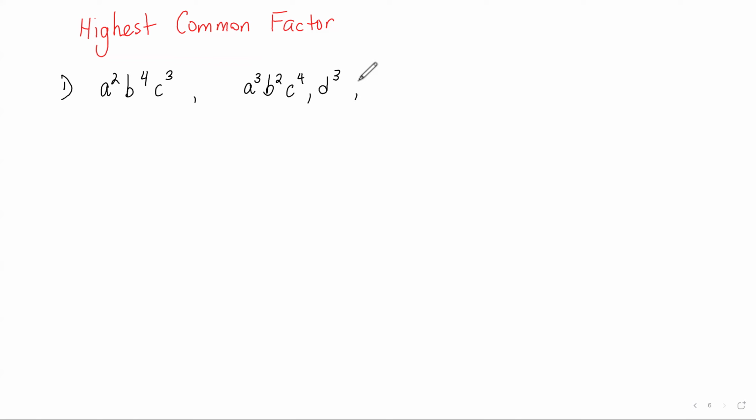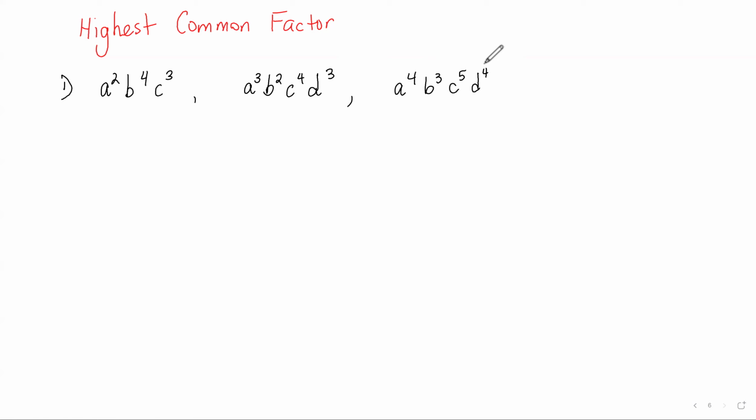And then the next term is a to the power of 4, b to the power of 3, c to the power of 5, and d to the power of 4.